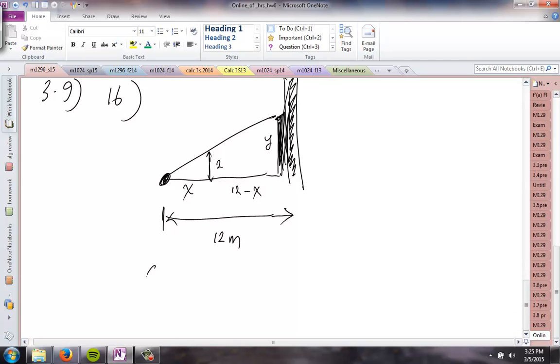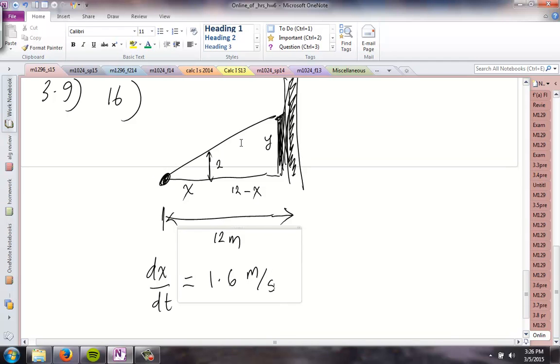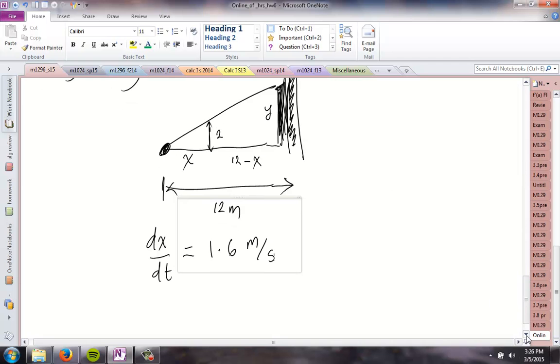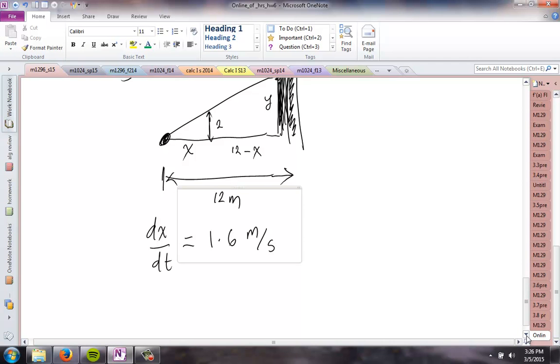So we're given that dx/dt is 1.6 meters per second. Okay, that's how fast the person is walking away from the light. We're also given, no, that's all we're given.